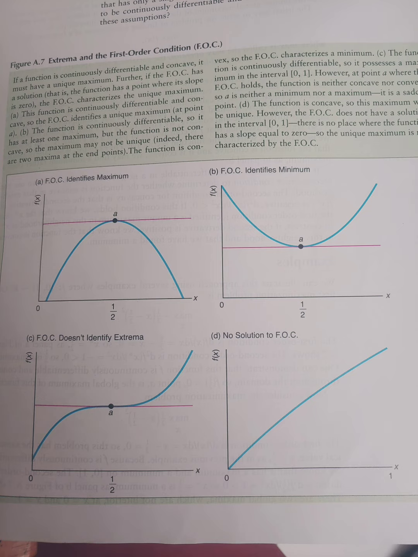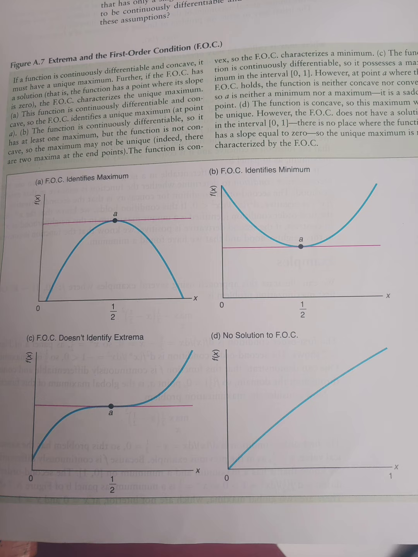In panel B, the function is continuously differentiable, so it has at least one maximum. But the function is not concave, so the maximum may not be unique. Indeed, there are two maxima at the endpoints. The function is convex, so the first order condition characterizes a minimum.